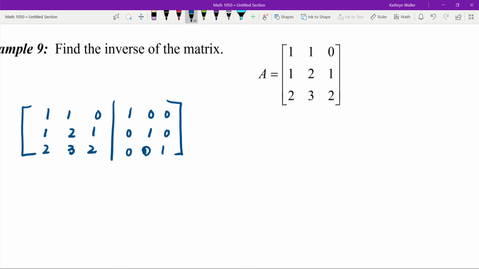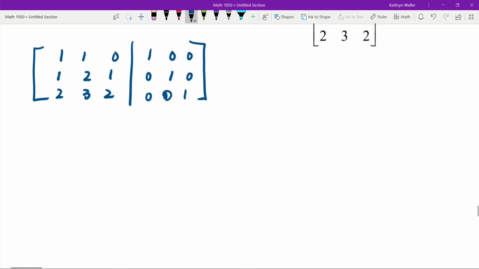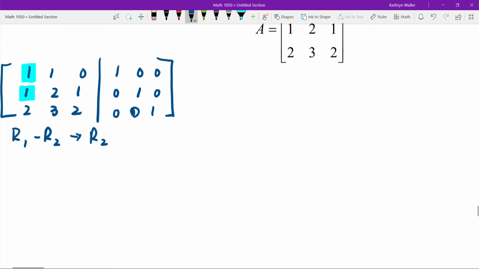Okay, I have to turn the left-hand side into the identity. The first thing I need is a 1 right there. Done. The second thing I need is a 0 right there. You could do row 1 minus row 2 or row 2 minus row 1. It doesn't matter. I'm going to go row 1 minus row 2 becomes my new row 2.